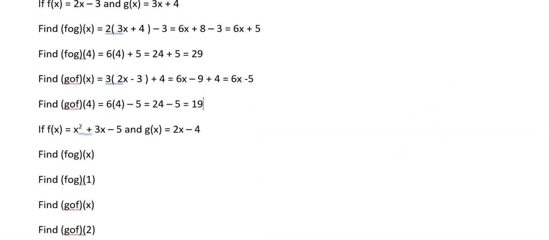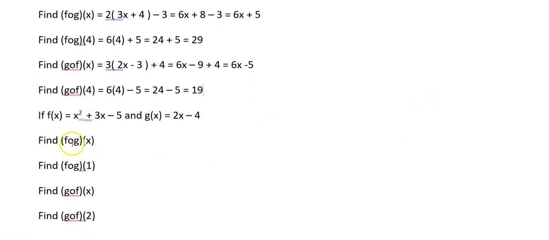We're going to take it through. First, F composed with G. So F is first. Let's put parentheses into its x's, and it has 2 x's, so we're going to put it in both places. So we'll have parentheses squared, and then we're going to have plus 3 times parentheses, minus 5.